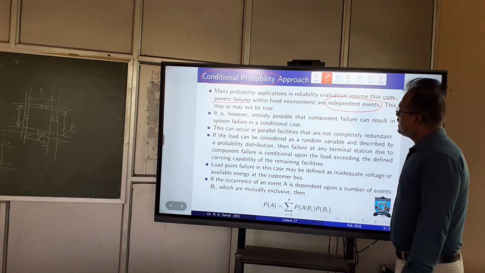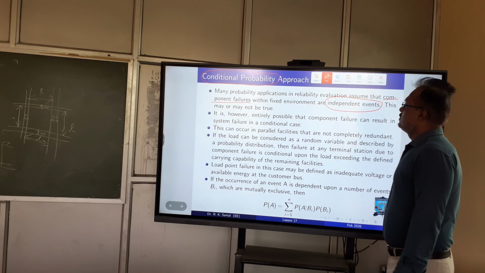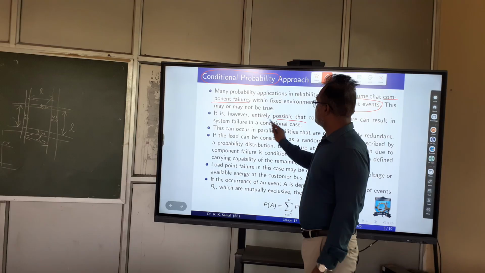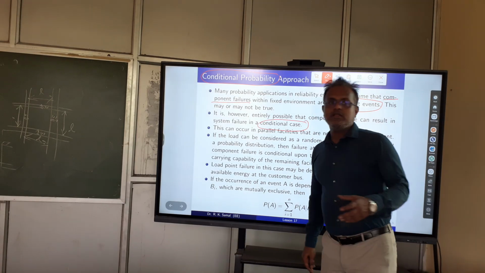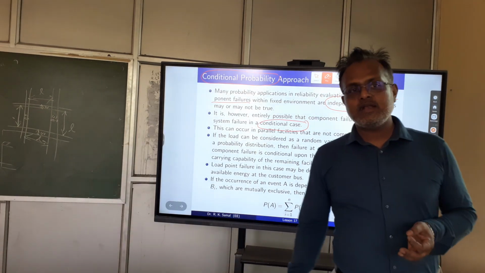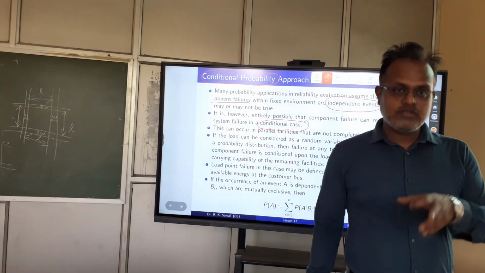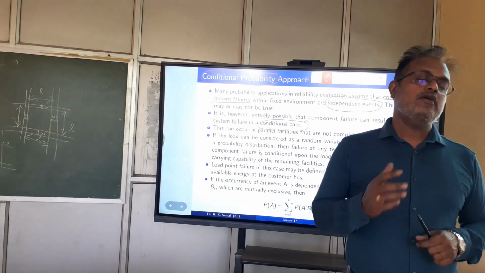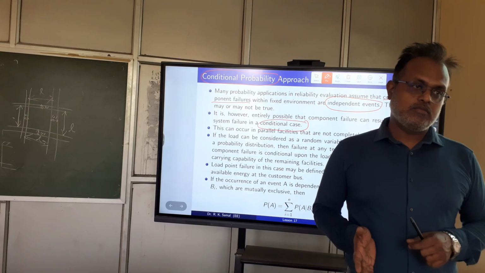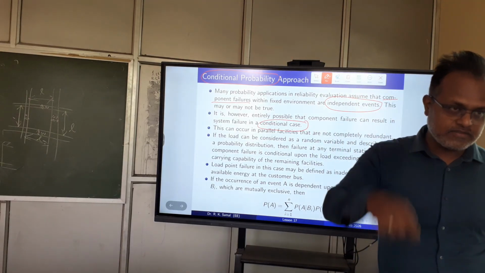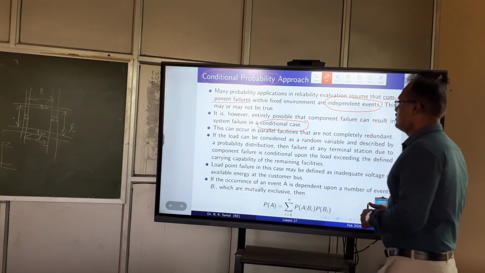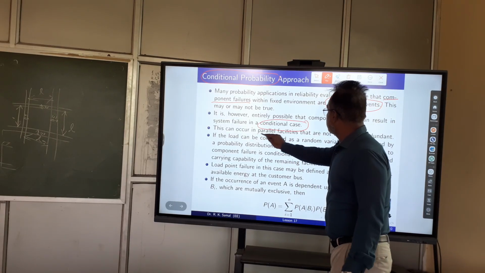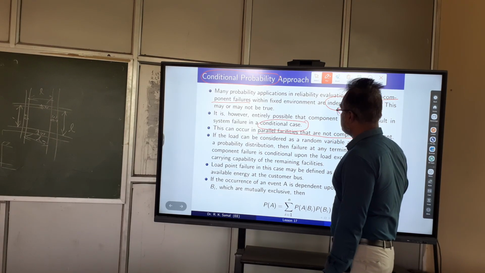It is entirely possible that a component failure can result in system failure in a conditional case. For example, what is the probability that the system fails provided this component fails? Or what is the probability that load will not be met provided one transmission line is disconnected? This can occur in parallel facilities that are not completely redundant.